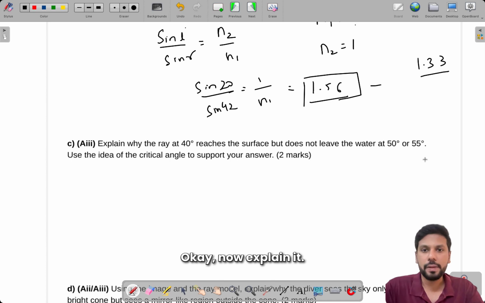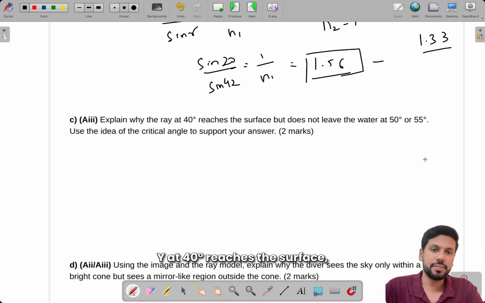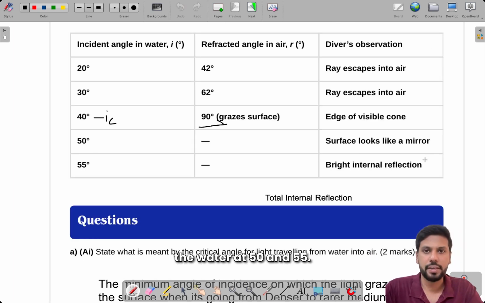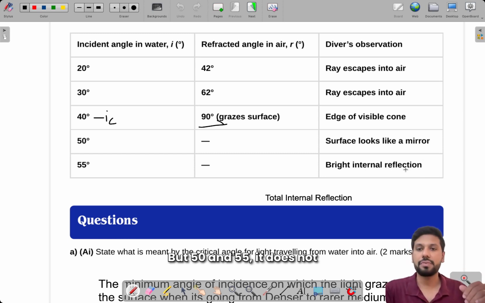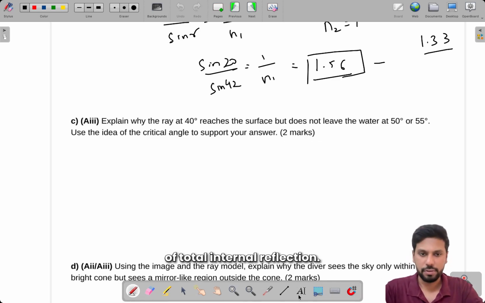Okay, now explain why the ray at 40 degrees reaches the surface but does not leave the water at 50 and 55. Now at 40 degrees it grazes the surface, but at 50 and 55 it does not leave the surface because of total internal reflection.